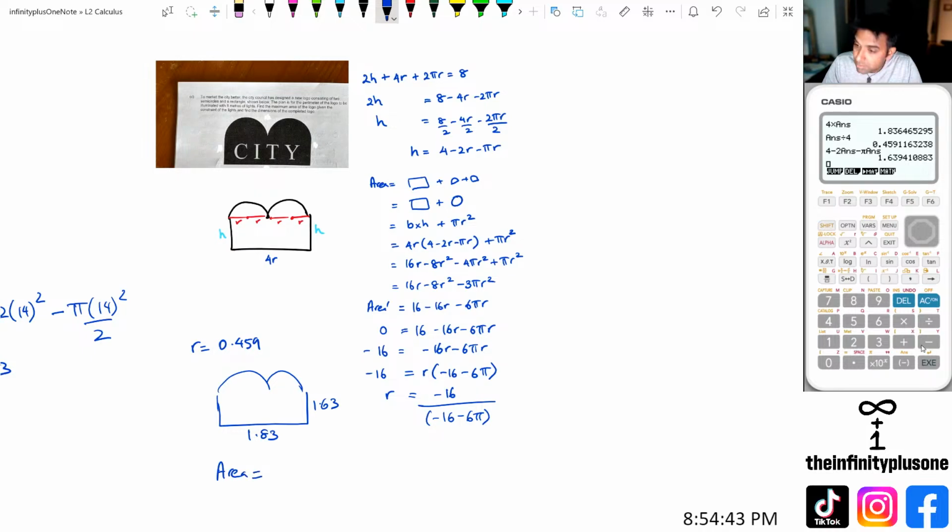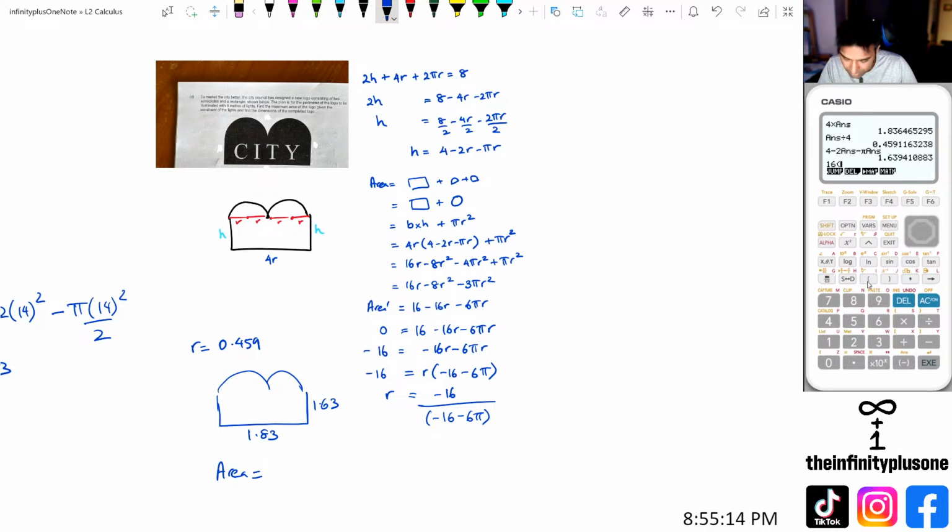And as for the area, I'm trying to do this the shortcut without doing the long method, but stuff it, it doesn't matter.